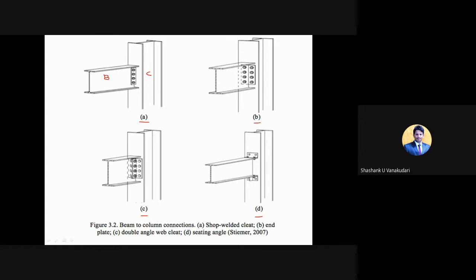In the beam to column connections, the first figure is the shop welded cleat. This additional member, the cleat, is going to connect two different structural members. The main function of the cleat is to provide a joint from one member to the other member.